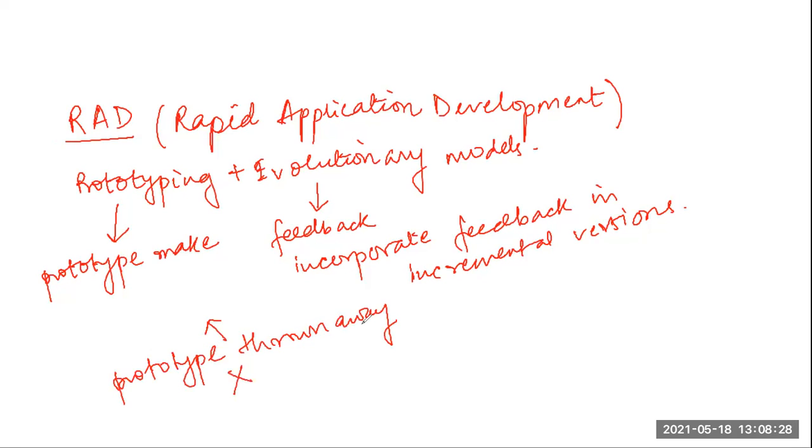So from the prototype model, it only took the feature that a prototype should be made, and from the evolutionary model, it took the feature that incrementally the functions will be developed and delivered for feedback to the customer. And if the customer gives any change requests, we will incorporate those, and again deliver incremental versions. So it took the good features of both models and developed the RAD model.